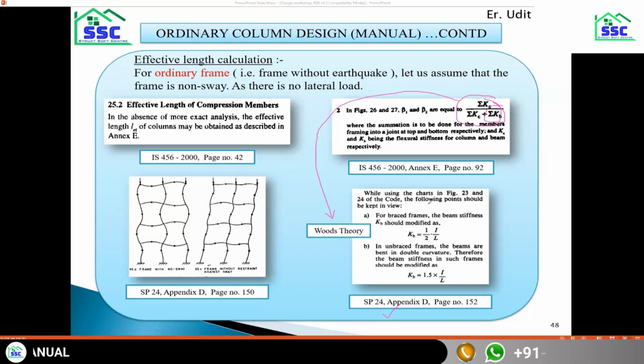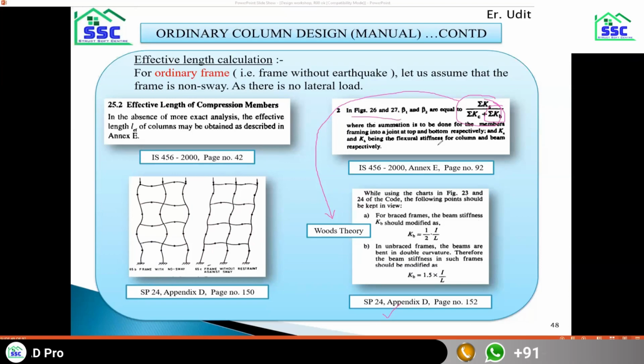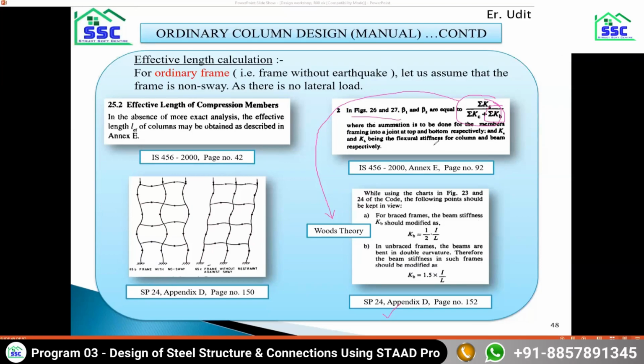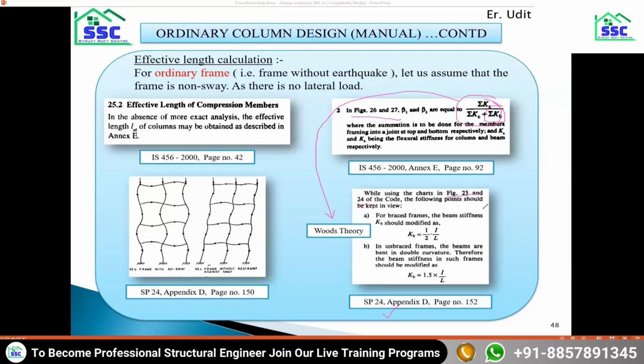It says that while using the charts in figures 23 and 24, now in IS 456 2000 we have figures 26 and 27, but in the earlier version of the code it was figures 23 and 24, and the figure is the same. While using the charts in figures 23 and 24 of the code, the following points should be kept in view.